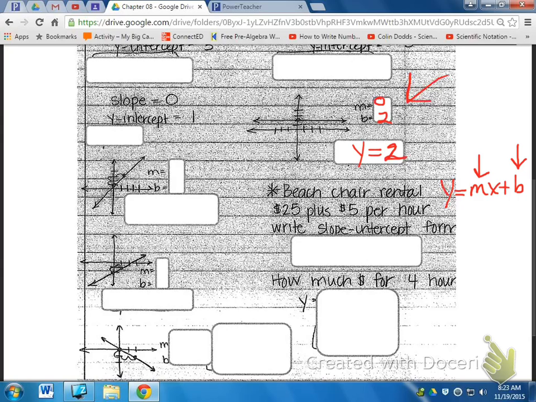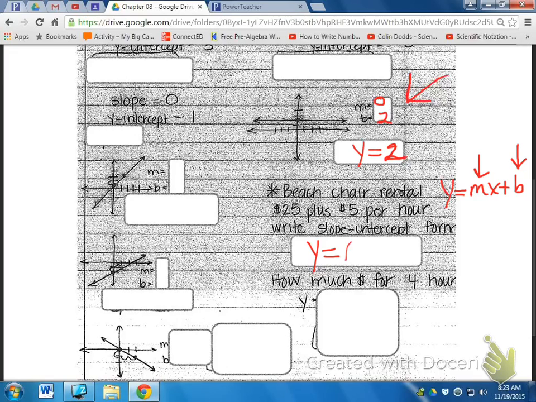So if we're looking at $25 plus $5 per hour, and we have to put it in slope-intercept form, you're going to start off with y equals. Which one of those numbers is more constant, and which one is the one we're going to multiply by for slope? Trayton. 5. 5 is the one we use for slope.